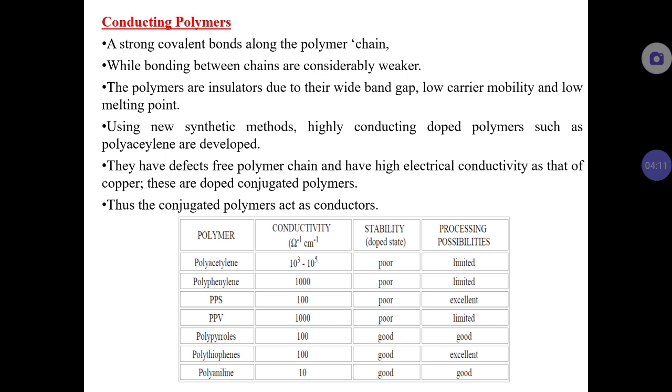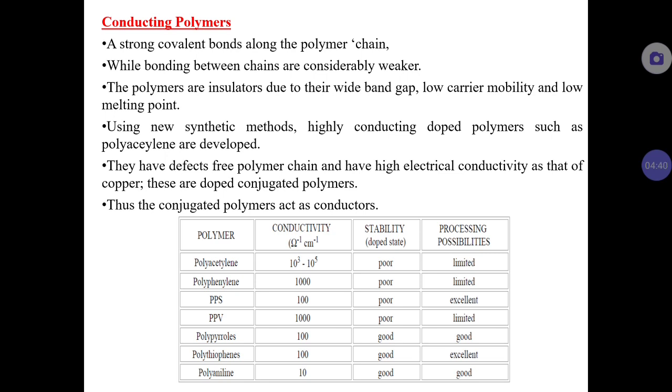And these conductivity values can be suitably altered by having dopants. By changing the dopants and the doping concentration, it is possible to improve the conductivity value, and the processing abilities can also be altered by going for composite fibers.